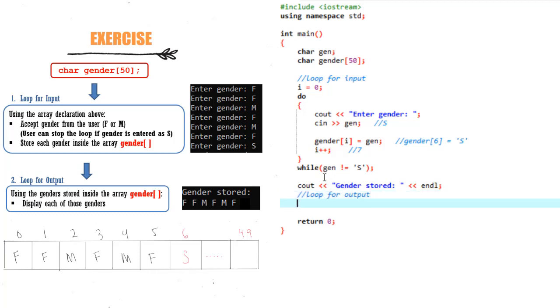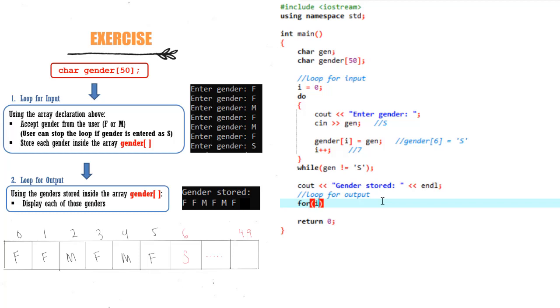So since we have filled our array with those data, we know that the data is contained up to index 6, okay? So where do we get the 6? We already know from the I. So the I specified the number of data that has been stored inside your array, okay? So we can do our looping here.